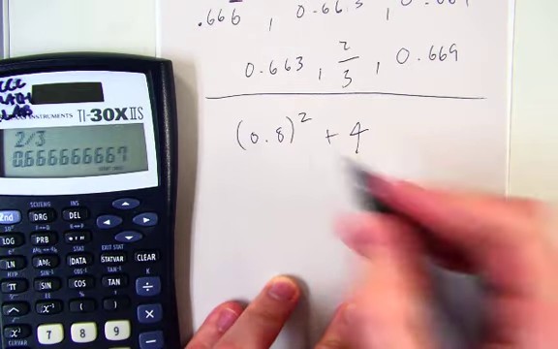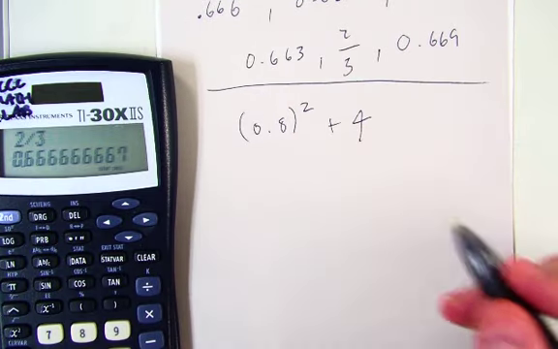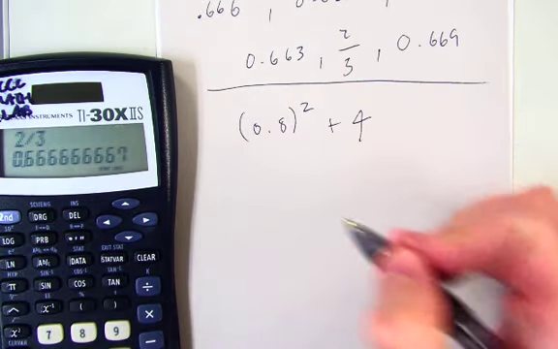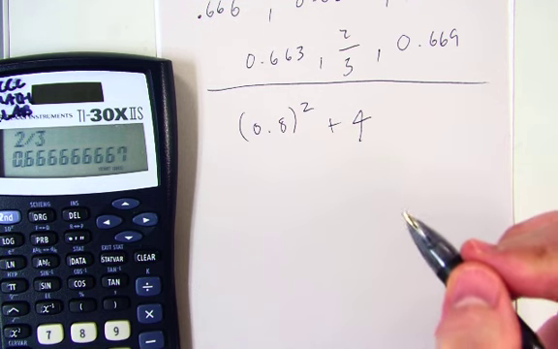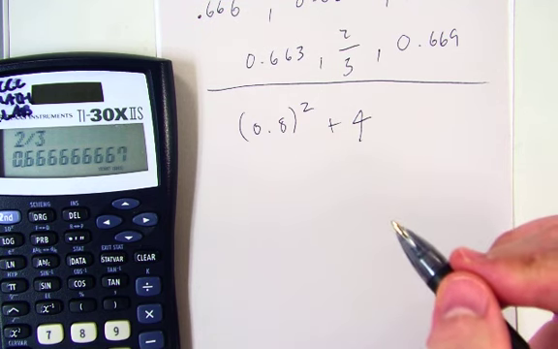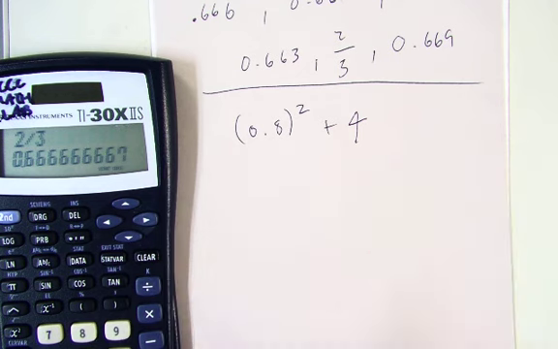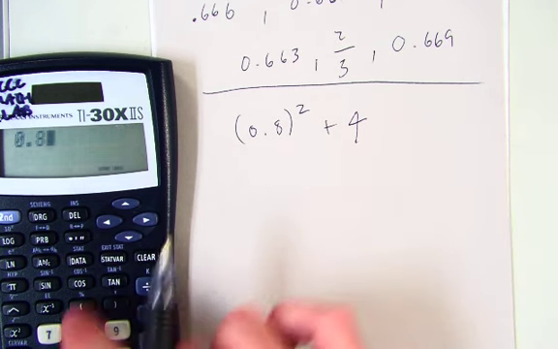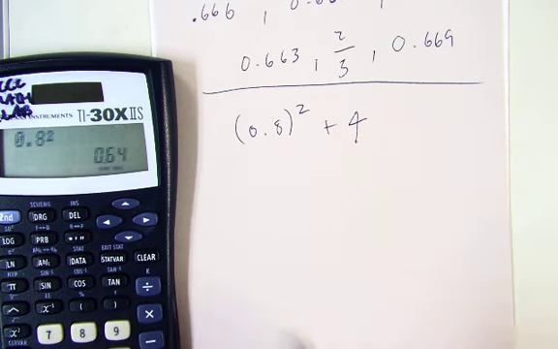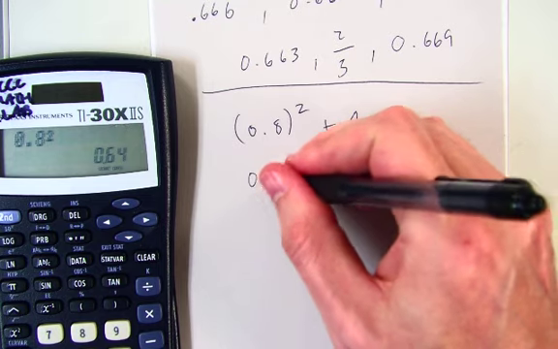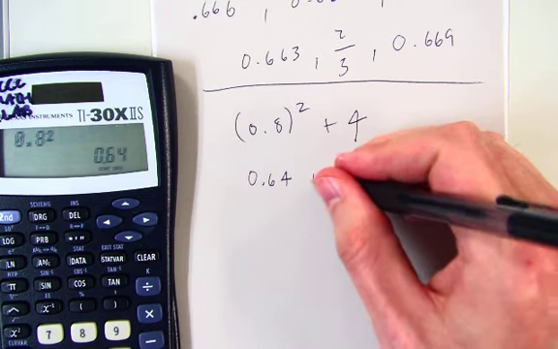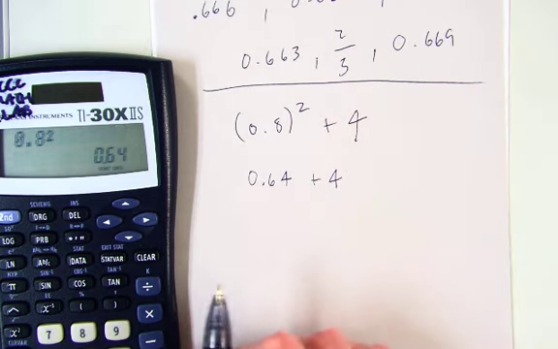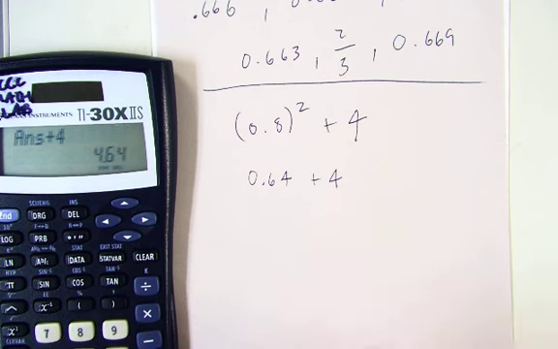So if I'm doing something like this, I want to go through my order of operations. I don't have any operations inside the parentheses. So my first step here is going to be any exponents. And I do have an exponent calculation here, so I'm just going to do that first. 0.8 squared. Again, a lot of calculator work here. Okay, and then we want to add those together.